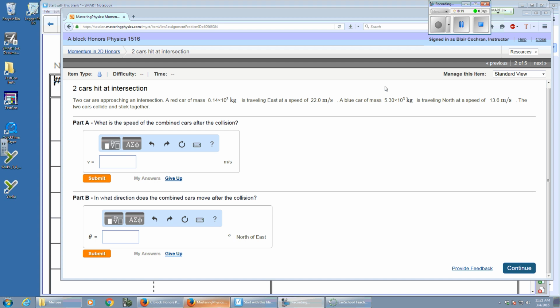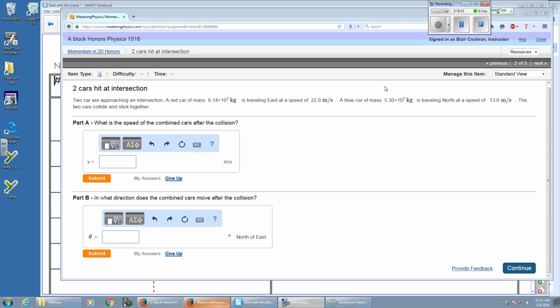So we've got two cars hit at an intersection. Red car has this mass and is traveling east with a certain speed, and a blue car of this mass is traveling north.